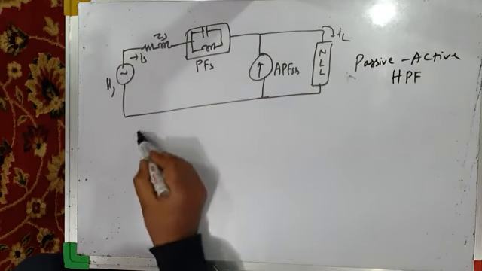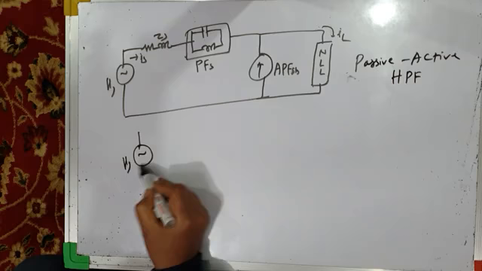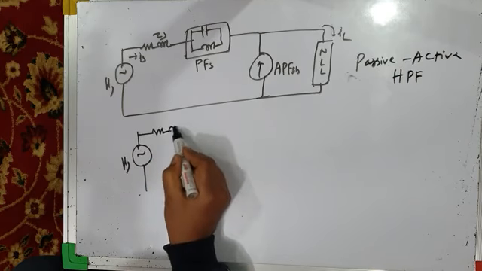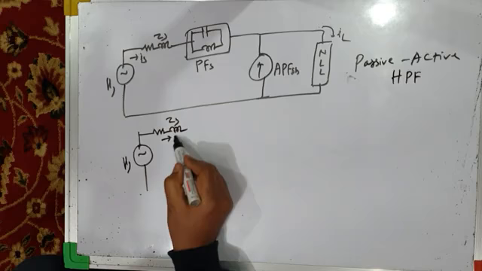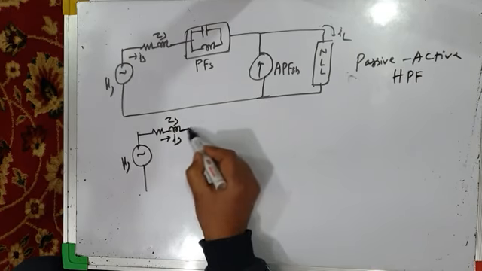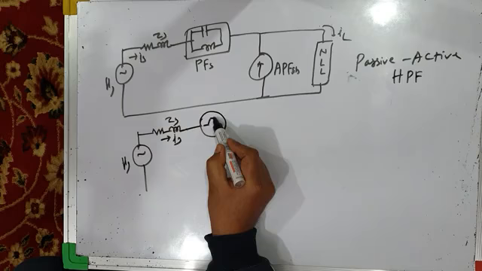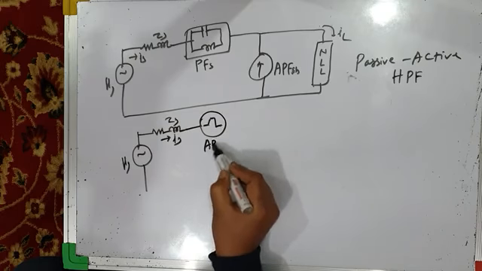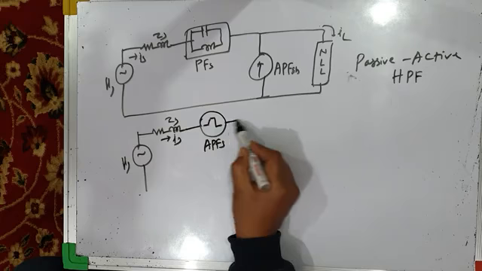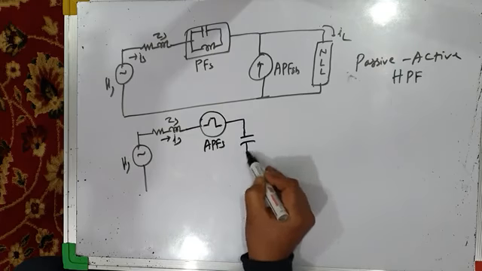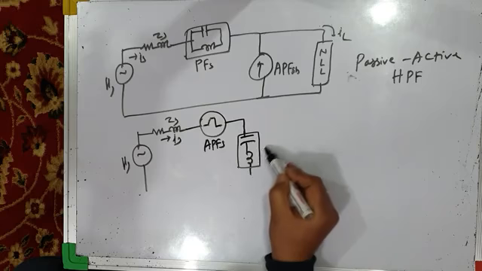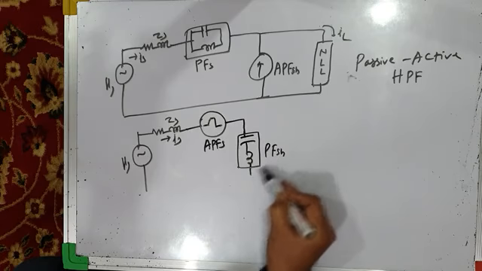And last topology that I'm going to share with you is like this. This is source impedance, source current. This is active power filter, series active power filter, and shunt passive power filter.